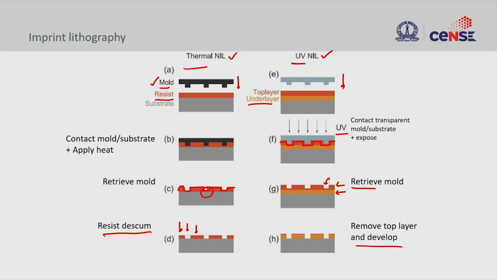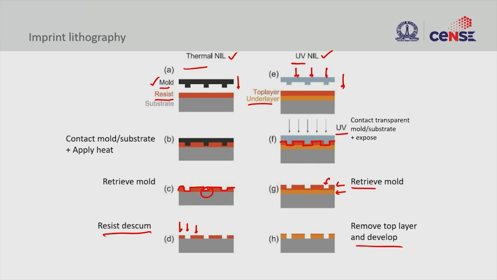In thermal nano imprint lithography, the mold need not be transparent. You can even take a steel mold, press it against the soft material and heat it up. But in UV nano imprint lithography, the mold should be transparent, because you are illuminating from the top. So more often quartz is used as a mold, while in thermal NIL you can even use silicon wafers. You can make a mold in a silicon wafer and then use that mold to transfer the pattern.